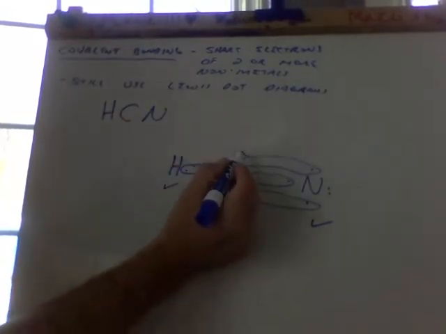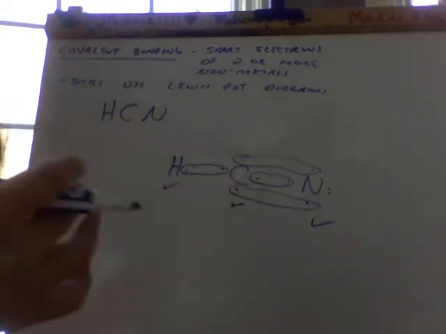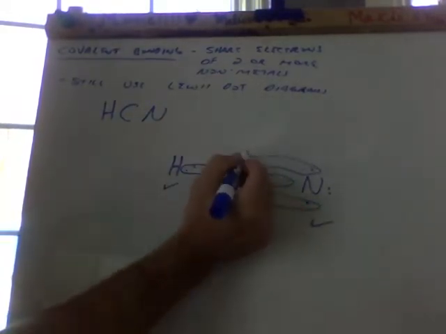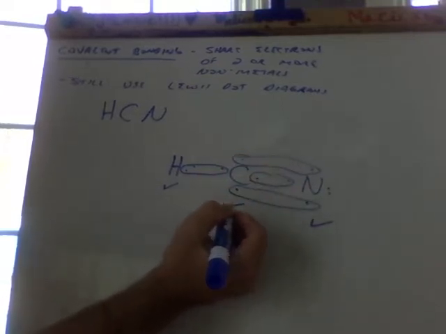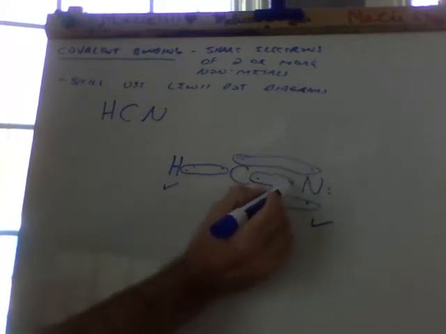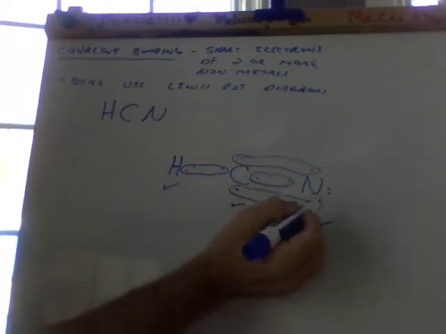Carbon has 1, 2, 3, 4. It needs 4 more. It shares the 5th, the 6th, the 7th, the 8th. That one's good. Nitrogen had 1, 2, 3, 4, 5 originally, shared 6, 7, 8. That one's good too.